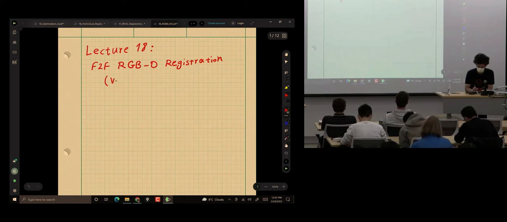Or you could think about this idea as RGBD visual odometry.